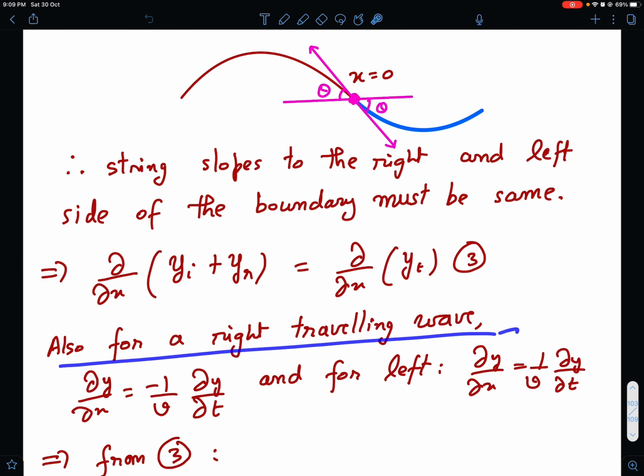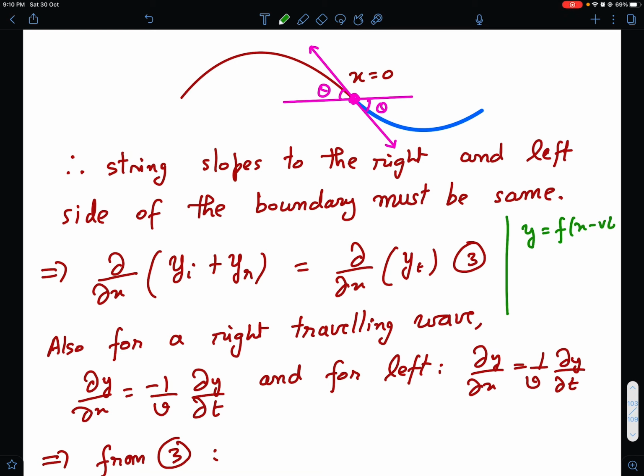Also recall that for a right travelling wave, del y by del x is minus 1 by v del y by del t. This can be shown very easily. I will just draw a box and show quickly. Suppose y is f of x minus vt. So what do you get for del y by del x? It is simply f dash of x minus vt.